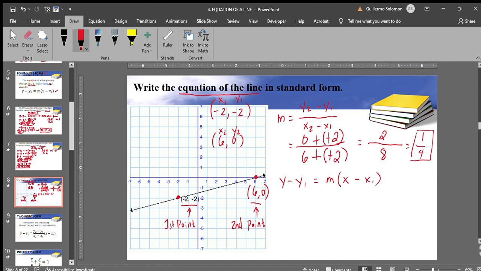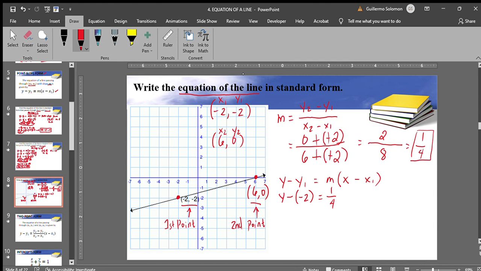Okay, so let us rewrite y minus our y sub 1, gamitin natin to. Y sub 1 is negative 2. Okay, so open parenthesis, write negative 2 and then close it. Equals, our slope here is 1/4.